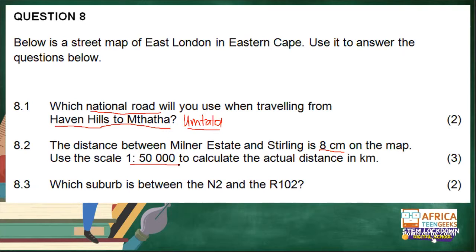For this one, you need to do a few calculations. What is the actual distance in kilometers?